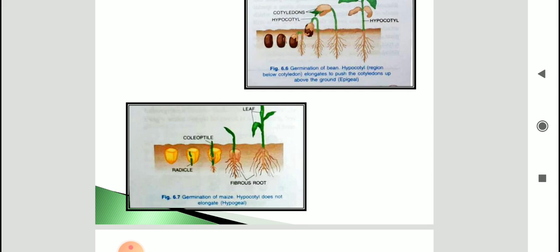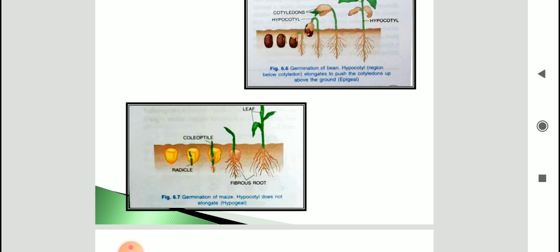Alright, so again the seed coat will rupture, the radicle will come out, giving rise to the primary root, and here we all know that both radicle and plumule are protected by their sheaths, that is your coleoptile and coleorhiza. So they will come out only after piercing through the coleorhiza and coleoptile. Alright, so plumule will emerge only after piercing through the coleoptile. Radicle pierces the coleorhiza, grows downward, and it is giving rise to the primary root system.